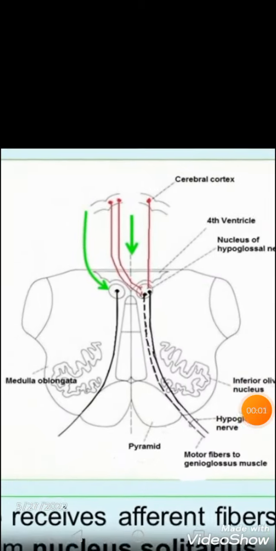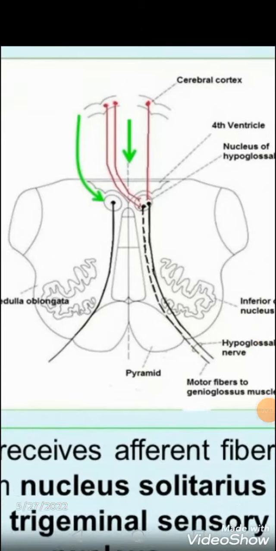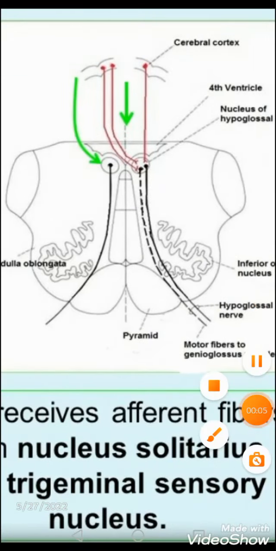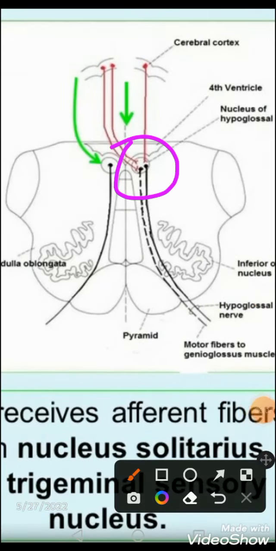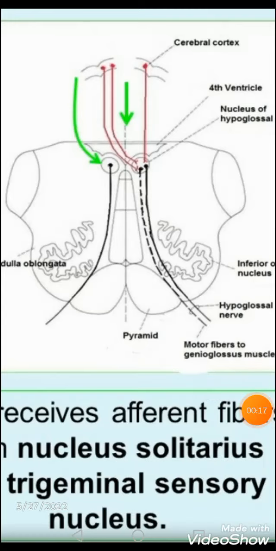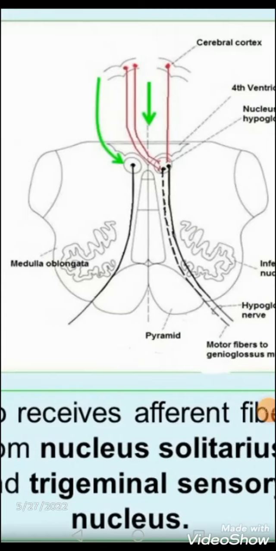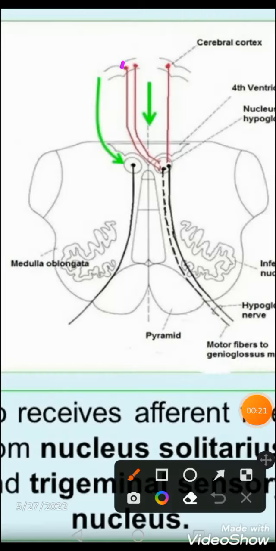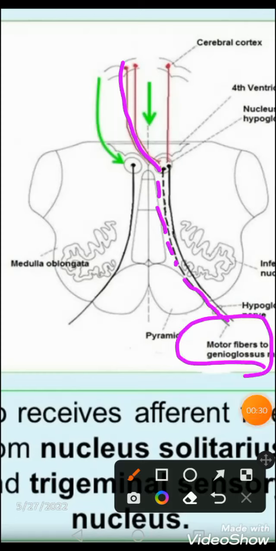This diagram is again a repeat of the motor nucleus of this hypoglossal nerve that receives bilateral cortical innervation, except the genoglossus muscle, which receives just contralateral fibers. Let me mark them: these are the contralateral fibers for the motor fibers towards the genoglossus, right?